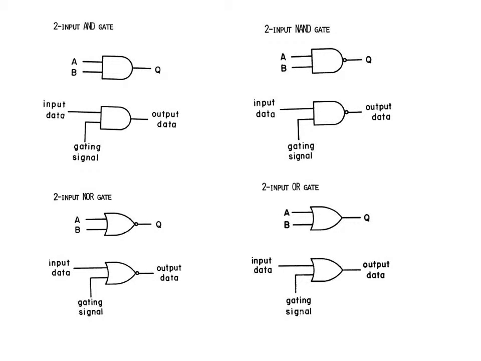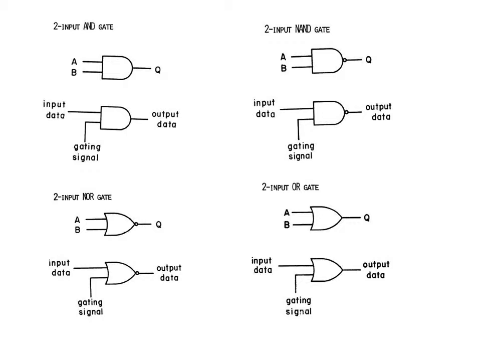Okay, here are some examples. I don't need to talk much about them. Here are 4 gates, 2 input gates. I used these gate images both in Unit 2 and Unit 3 in Bugbook 1.